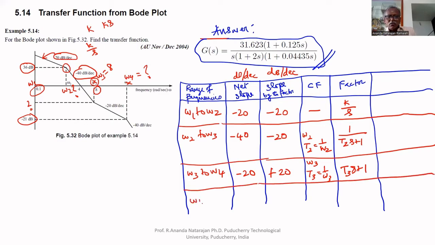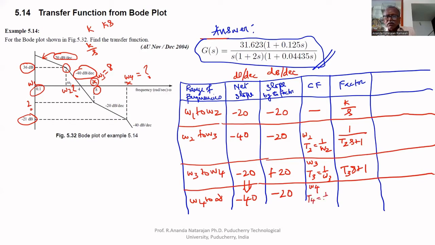Now, omega 4 to infinity. What is the slope? Minus 40. It has changed from minus 20 to minus 40. Therefore, minus 20 is the slope given by the factor. The corner frequency is omega 4.